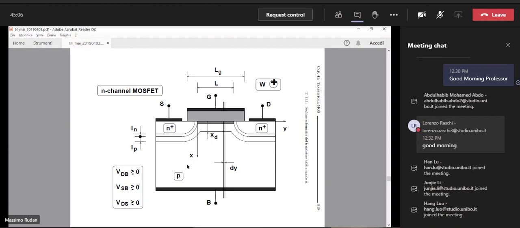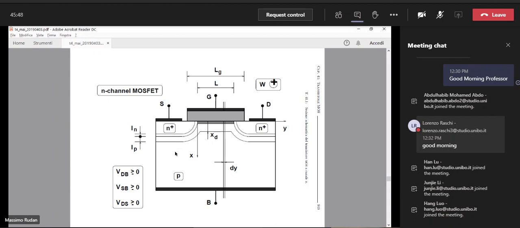The voltages applied to the source and drain with respect to the bulk in this type of device, that is a device with the P substrate, these 2 voltages can never be negative, because if you apply a negative voltage to the source with respect to the bulk, you bias the PN junction between bulk and source in the forward condition. So you have a lot of current flowing from the bulk into the source, and you don't want it, okay?